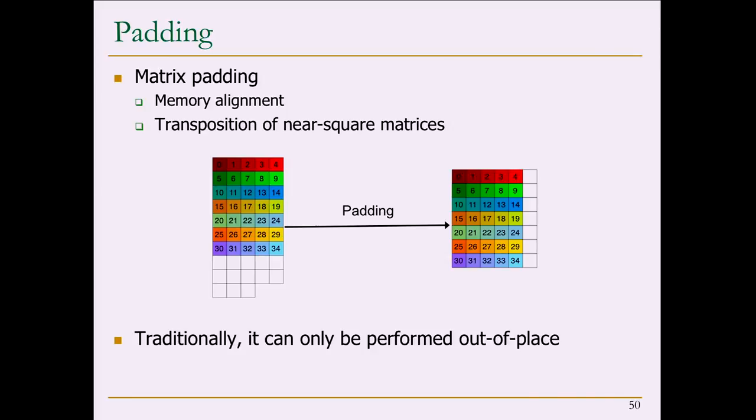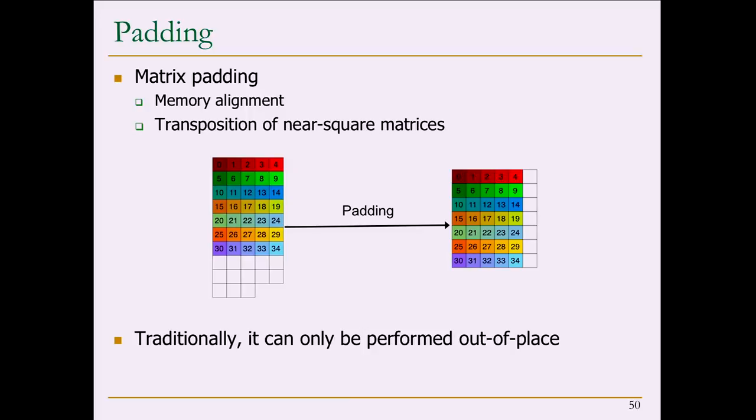You all know what transposition is, and if you think about implementing transposition in place, in principle, you might think that this is not challenging at all, because transposition just means swapping elements over the diagonal of the matrix, right?